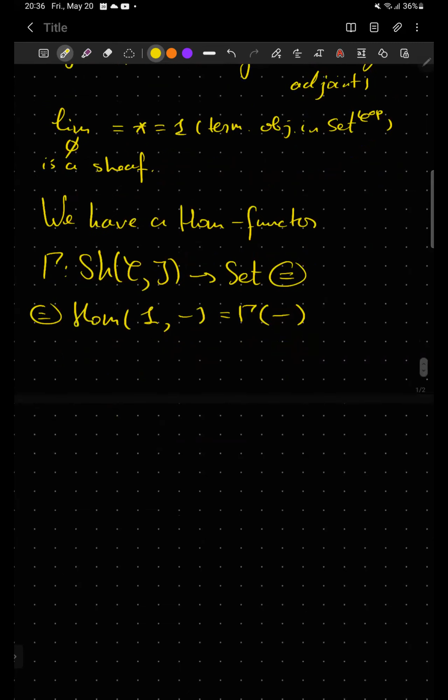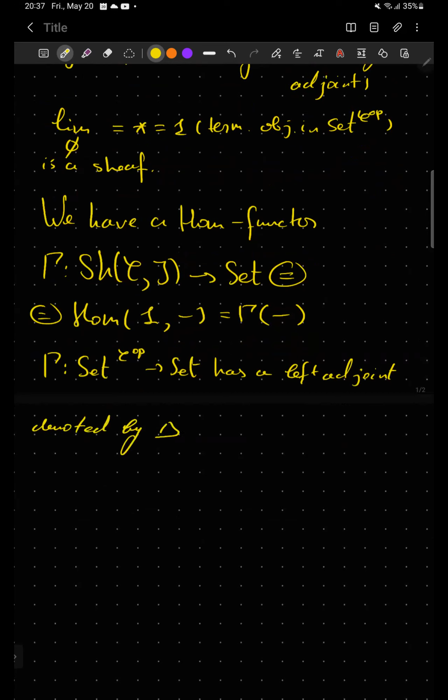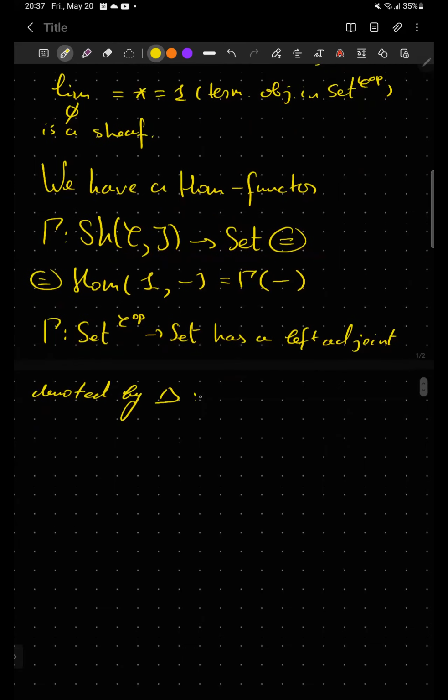Okay, this functor has a left adjoint denoted by delta. And it maps from sets to pre-sheaves like this.